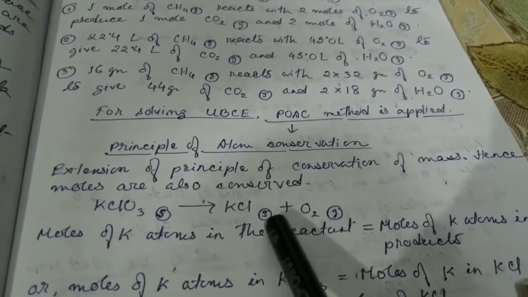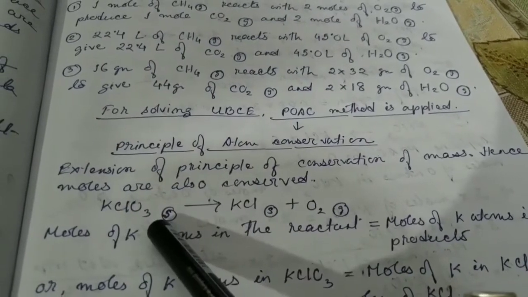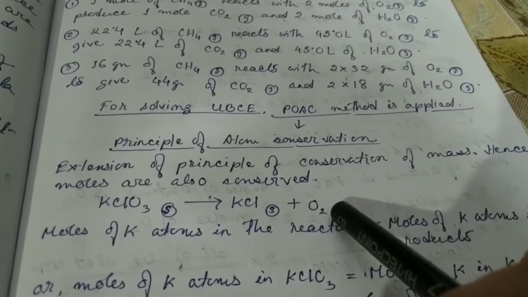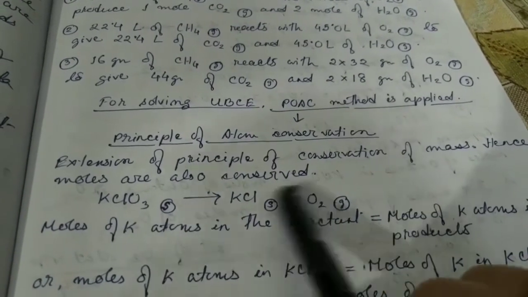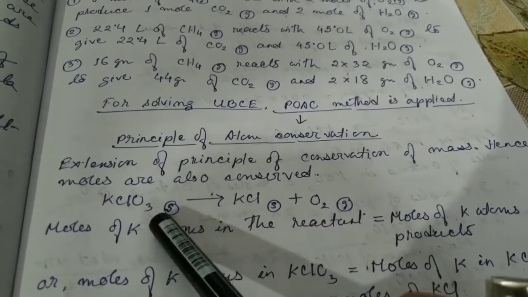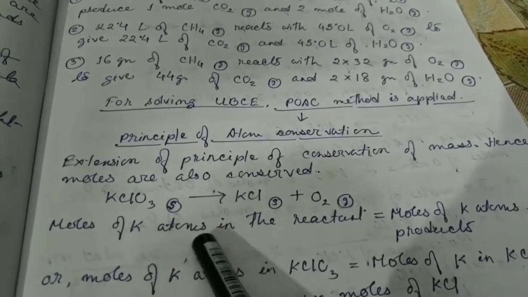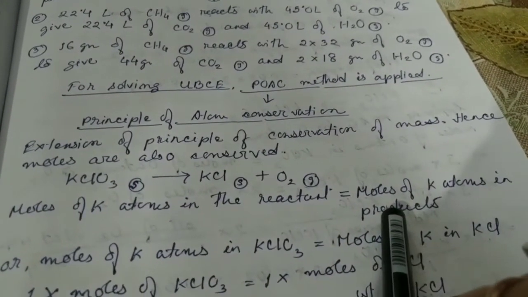So when a reaction is carried out, the number of atoms present in the reactants should be equal to the total number of atoms present in the products. If we take this example again, heating of potassium chlorate to form potassium chloride and oxygen, then moles of potassium atoms in the reactant equal moles of potassium atoms in the products.